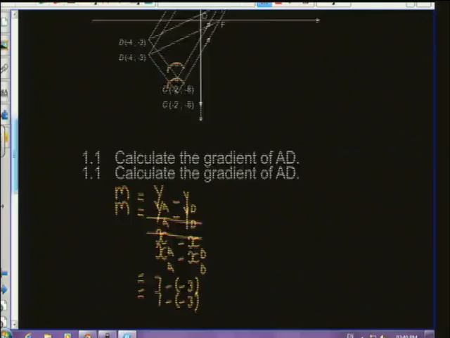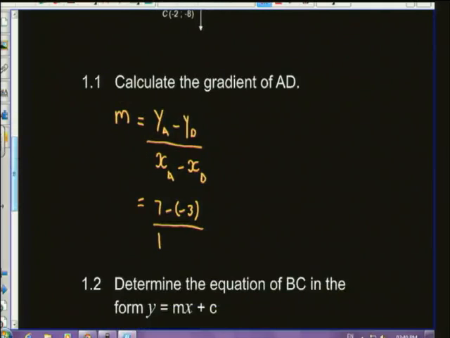So it's going to be divided by 1 minus -4. If you simplify that, that becomes 7 plus 3, which is 10, and we're dividing that by 1 plus 4, which is 5. Therefore, the gradient of line AD is simply equal to 2.